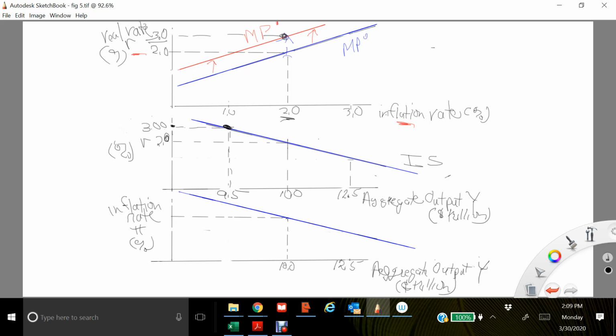Monetary policy, we find a shift in monetary policy. So equilibrium income would be on our original IS curve. It would be 9.5.